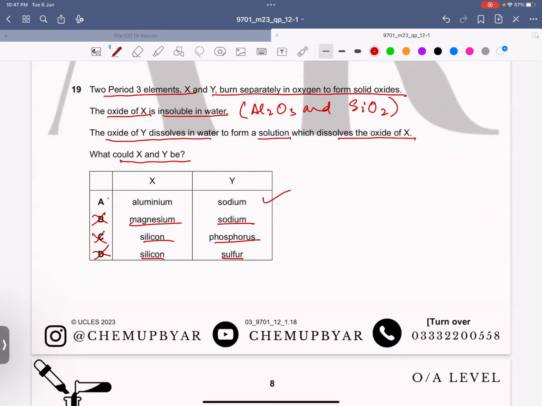So A is your correct answer in this case. Because if both the substances' oxides are going to be acidic, or both are going to be basic, they do not react.